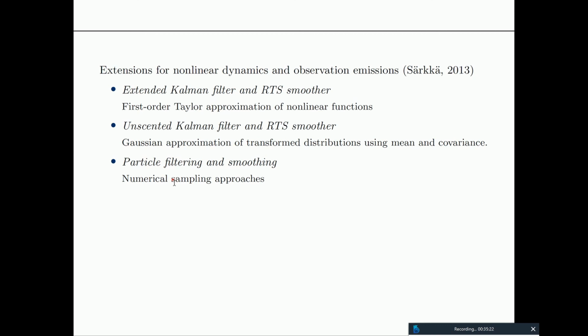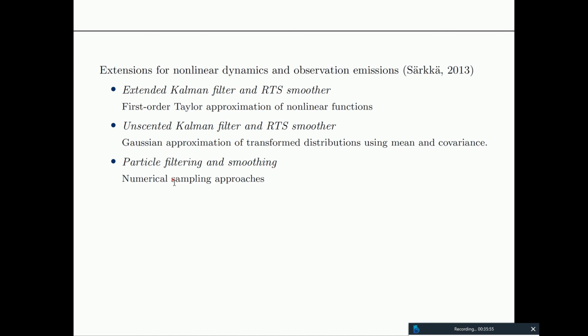Another approach, where I have a little bit of experience, is the unscented Kalman filter. There what you do is a little bit different. You actually pass what are called sigma points through the nonlinear transition and emission functions, and then you have this thing that I always emphasize, that you have transformations of random variables. You pass Gaussian distributed random variables through a nonlinearity, and then of course what you get out is not necessarily Gaussian anymore.